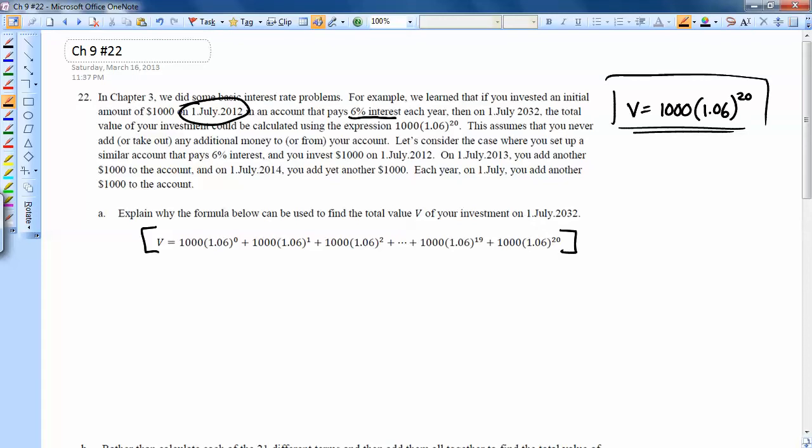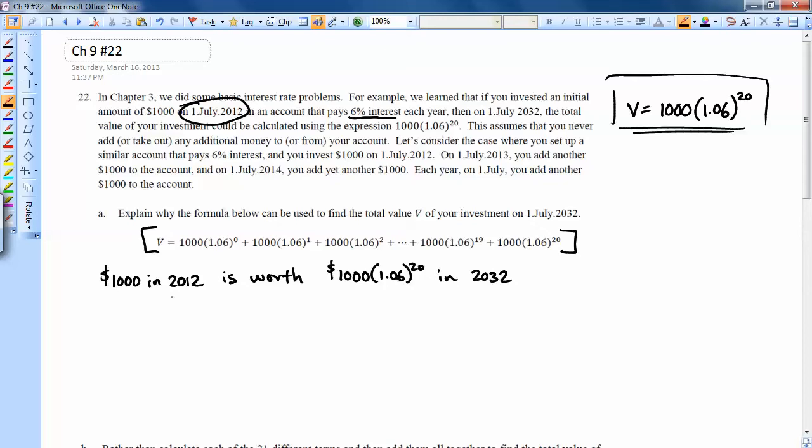And the way to interpret that is, well, let's look at this. In 2012, you put in $1,000. Let me write it this way. $1,000 in 2012 is worth 1,000 times 1.06 to the 20th in 2032, because it's 20 years later, right?